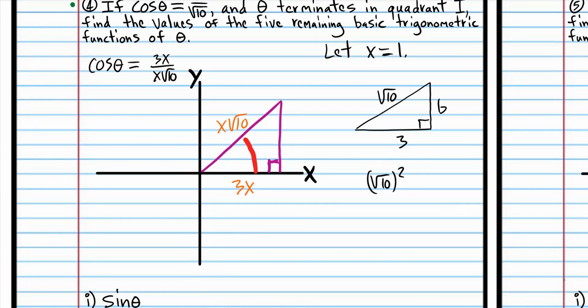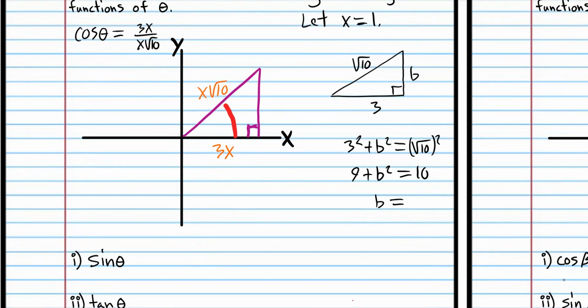Root 10, or 3 squared plus b squared is equal to root 10 squared. And if we solve, b is equal to plus or minus 1.